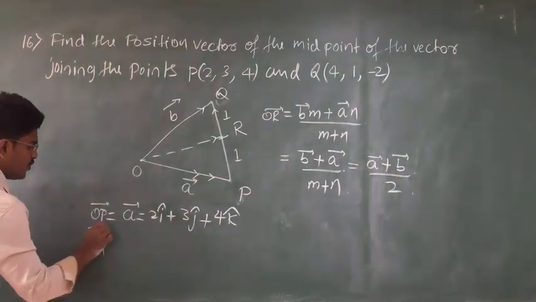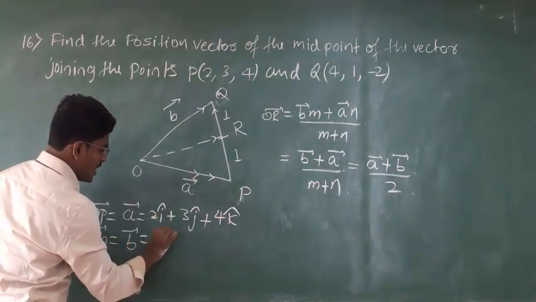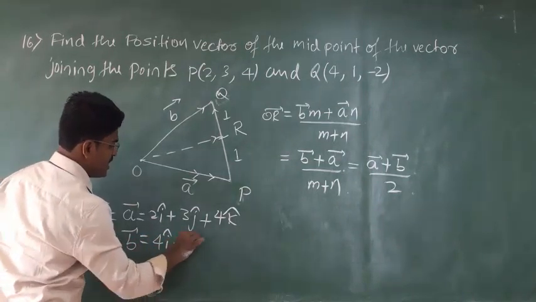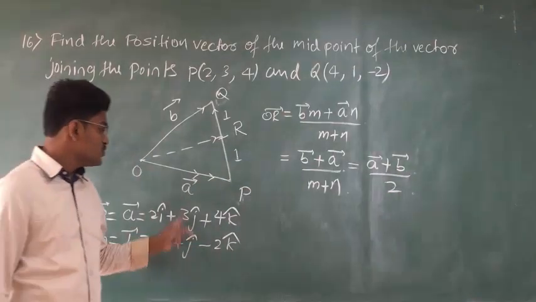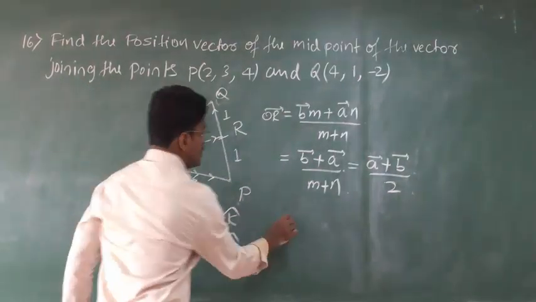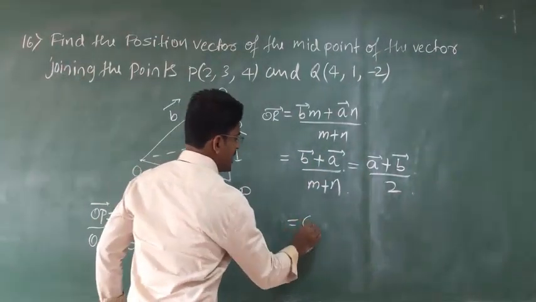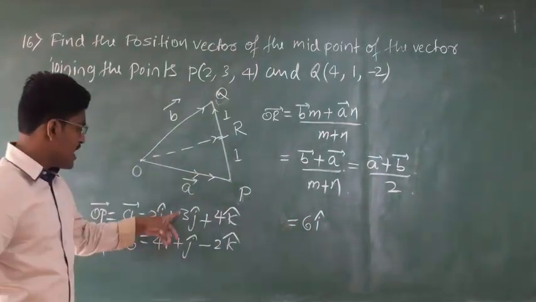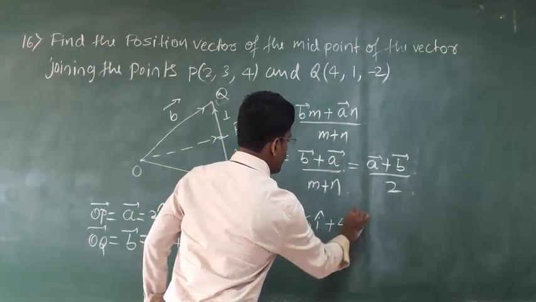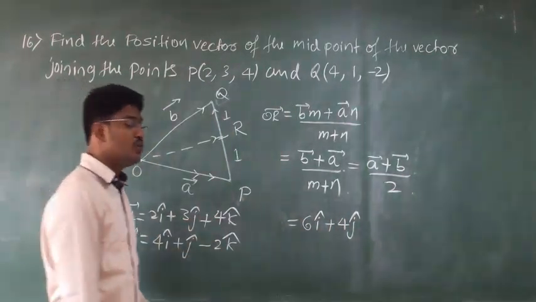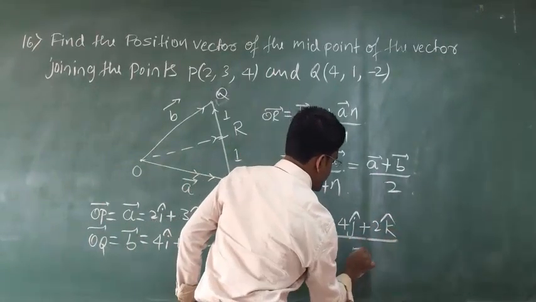Next vector OQ, that is nothing but vector B, equal to 4i cap plus j cap minus 2k cap. Clear? So use these two vectors in that formula. That will be A plus B: 2 plus 4, 6i cap. If I add 3j cap plus j cap, it will be plus 4j cap. If I add these two, it will be plus 2k cap, divided by 2.